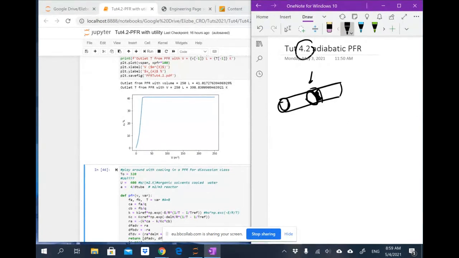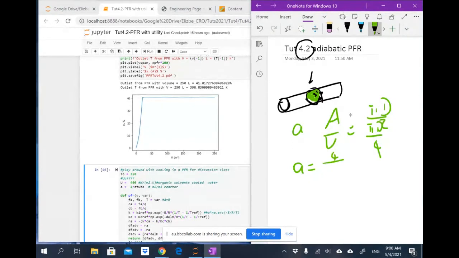So this is the area where heat transfer is going to take place per volume, and this is then that little volume over there. So we derive that the area per volume is equal to pi times the diameter divided by pi diameter squared divided by 4, and that is where that area comes from. So it's 4 divided by the diameter of my tubes.